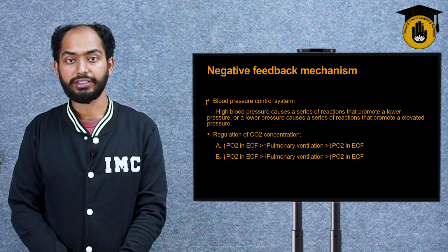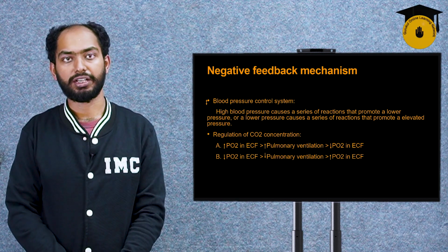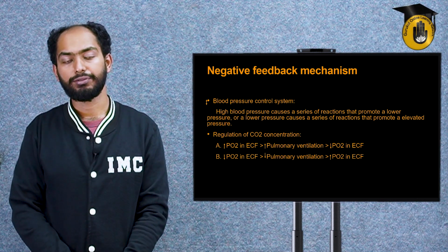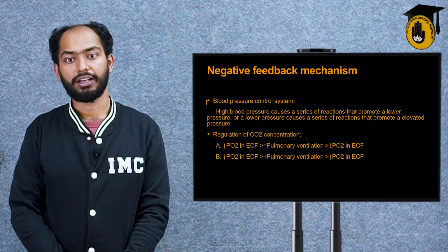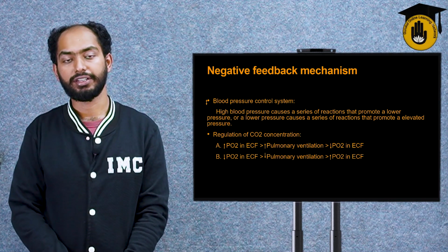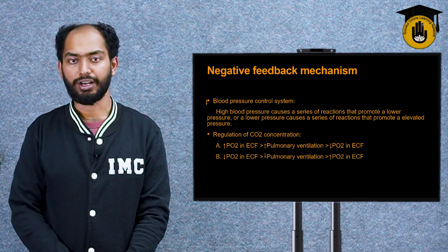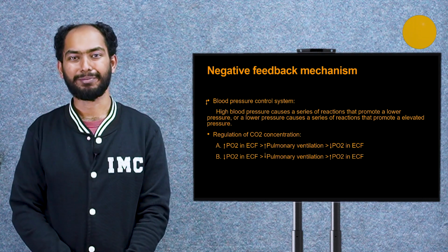We will hyperventilate and try to exhale the extra carbon dioxide in our extracellular fluid, cutting it off from our body, and ultimately the ECF's extra carbon dioxide level will be brought down to the normal level. That is also a good part of the negative feedback mechanism.